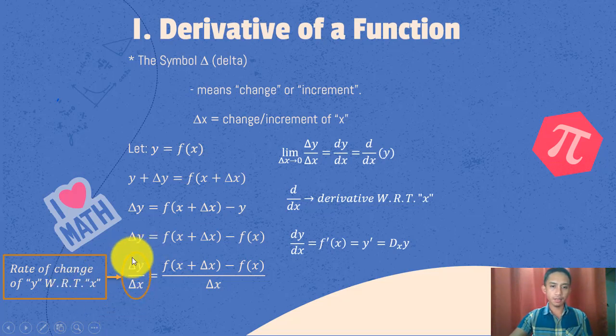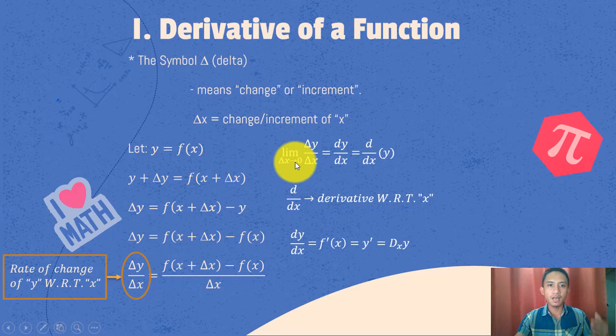Where will I use this? If I get this rate of change of y with respect to x, I will now focus on my variable. As I told you a while ago, delta x is now a different variable compared to x. So let's say I focus on that delta x, and then I will minimize it. If we say minimize, I will approach 0. Again, approach means not equal.